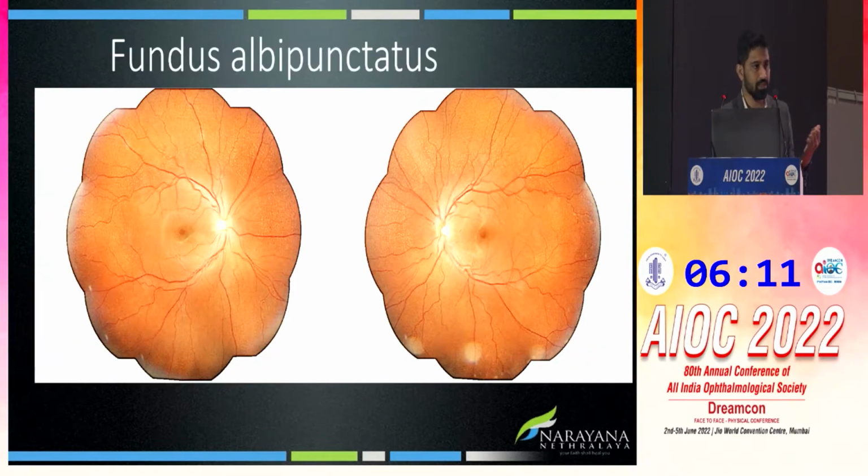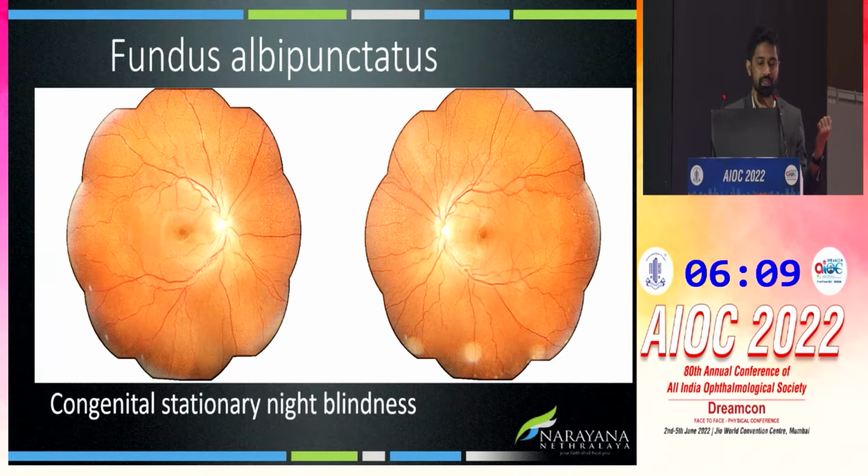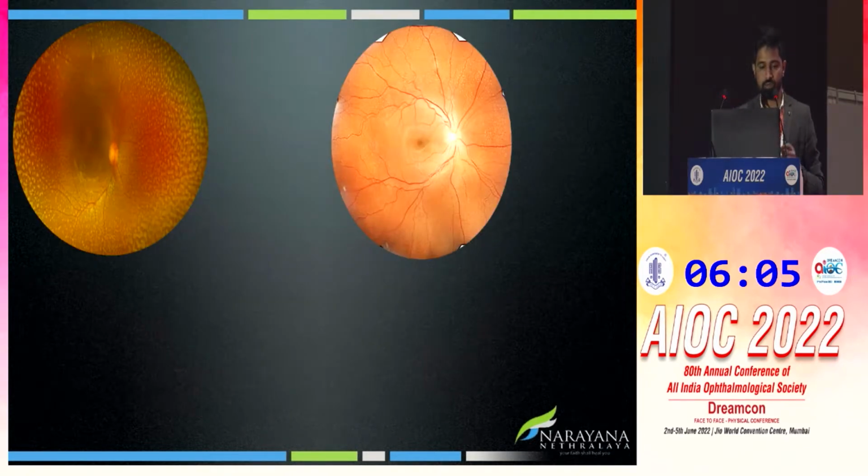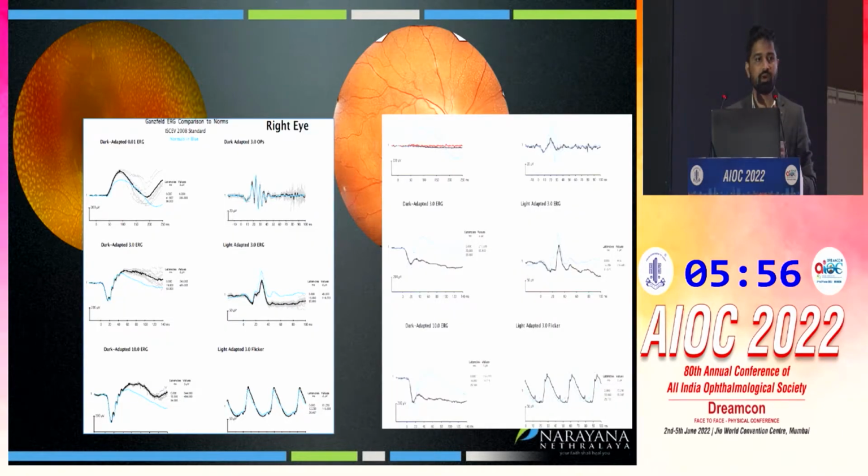This was a case of fundus albipunctatus, which is a type of CSNB. Just look at these two cases. In fact, the first patient's fundus looked more abnormal, but when you do the ERG, functionally it is telling a completely different story. All of us who practice electrophysiology believe in one thing: however the retina may appear structurally, that doesn't mean it's functionally behaving the same way.